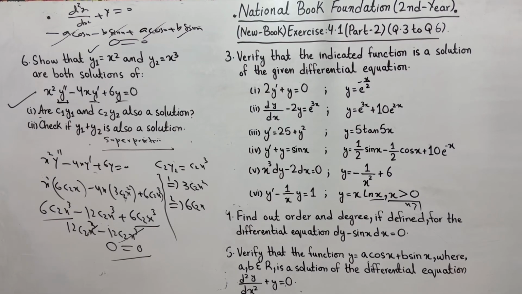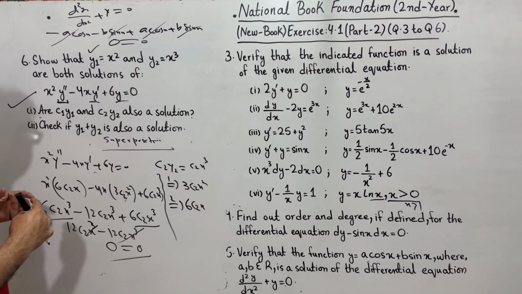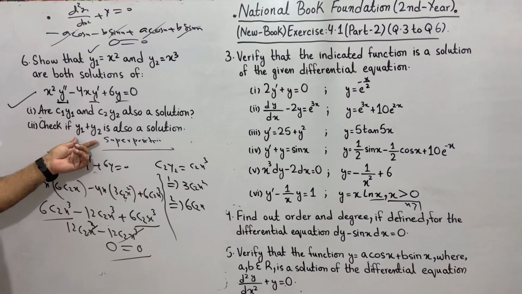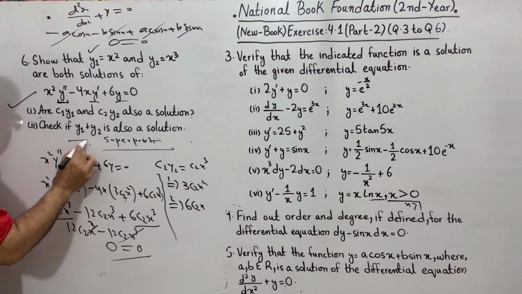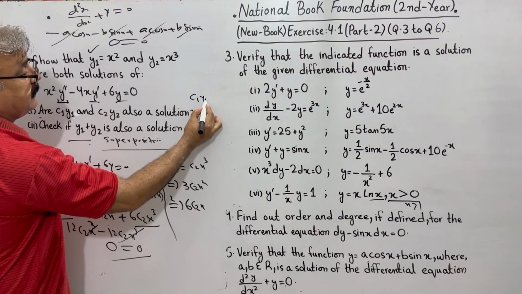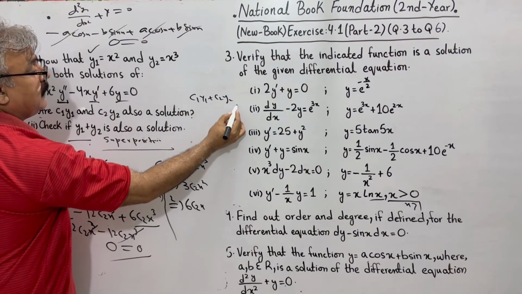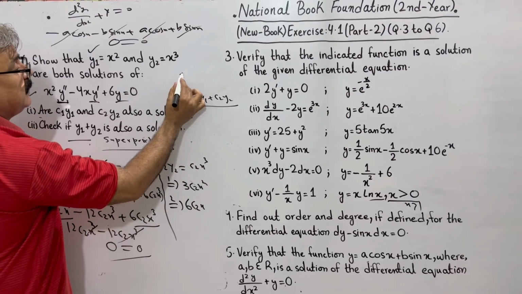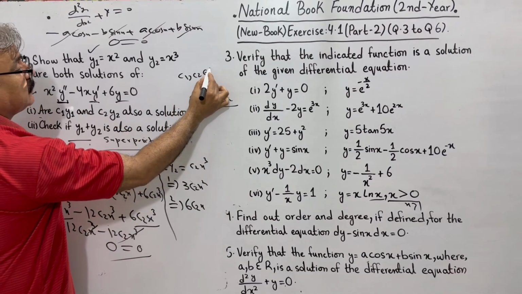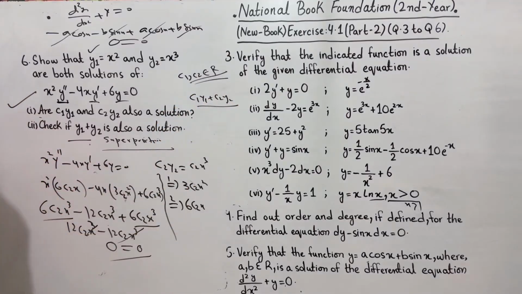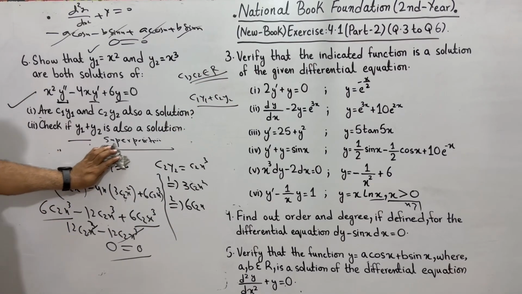It states that a linear equation has more than one solution. The linear combination of this one, y1 y2, y1 plus y2, or writing any coefficient here like c1 y1 plus c2 y2 is also a solution of this one, where c1 and c2 belongs to real numbers. Let's check this superposition principle.